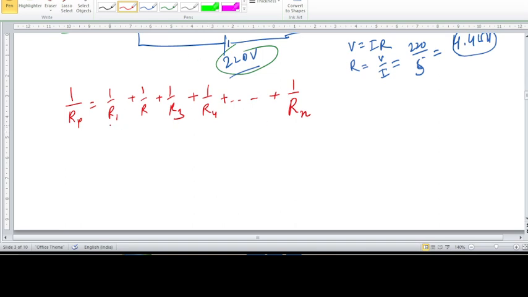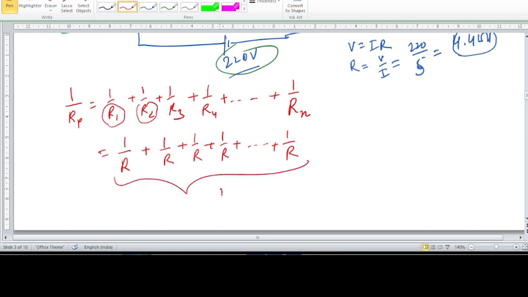According to the question, all resistances are equal, they all are R. So I'll just write R everywhere, 1 by R, and so on. How many times is it? It is n times.